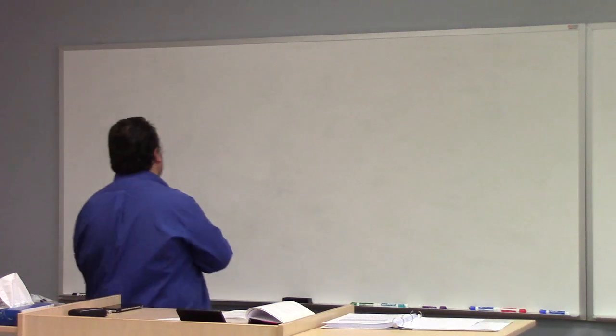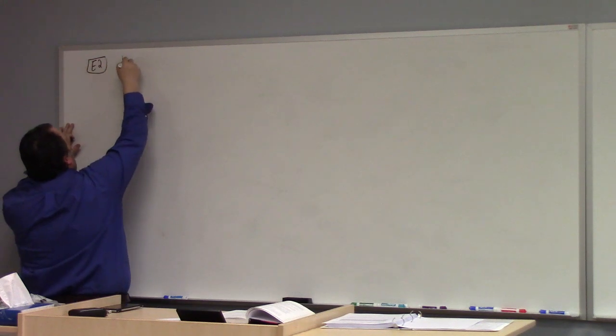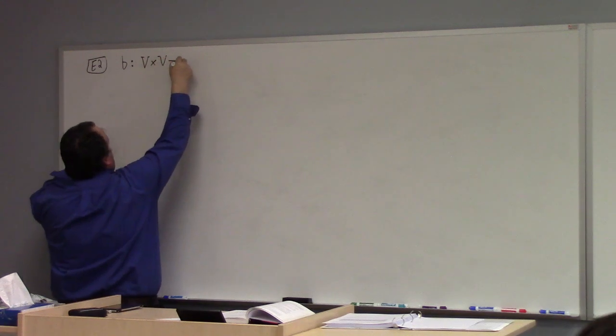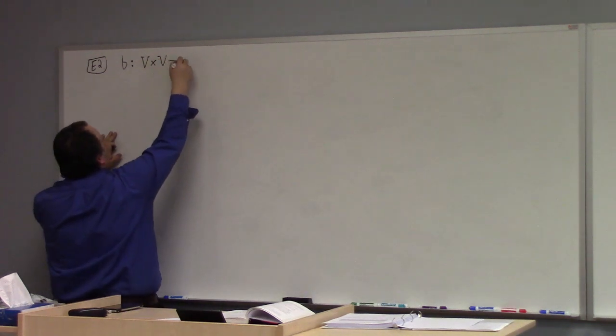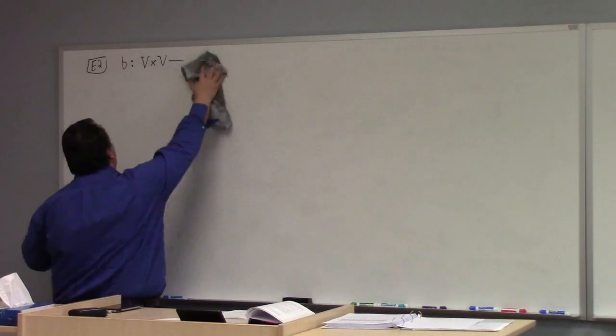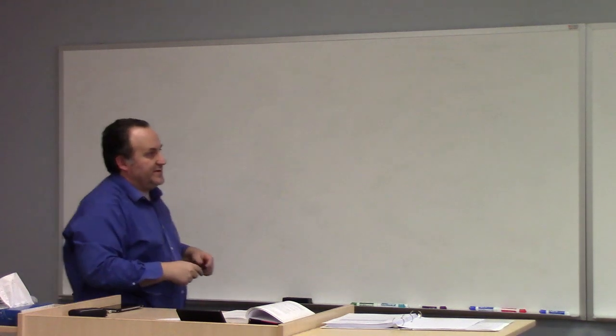So like, let me show you some examples here. Example, what am I on? 2? If we have B is a mapping from V cross V. Oh, rats, I'm sorry. Now you guys got me off my storyline.